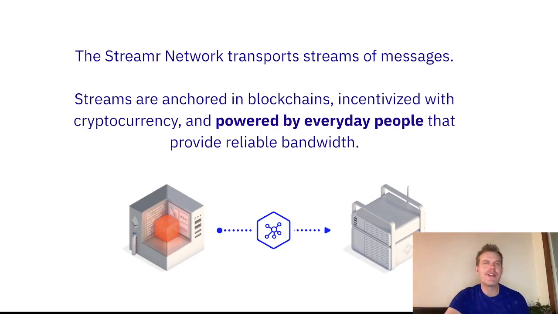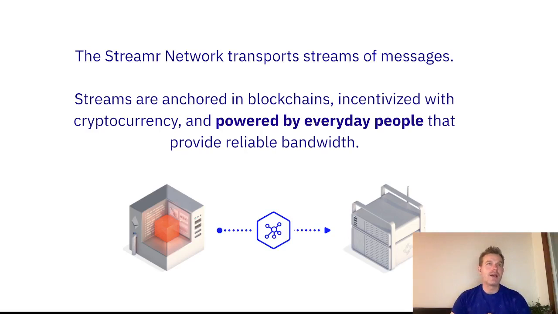So the data network I'm talking about is the Streamr network, and the network's function is to transport streams of messages. It's a real-time messaging system which enables applications and devices such as IoT sensors or connected cars, applications, browsers, whatever, to share and trade their data.